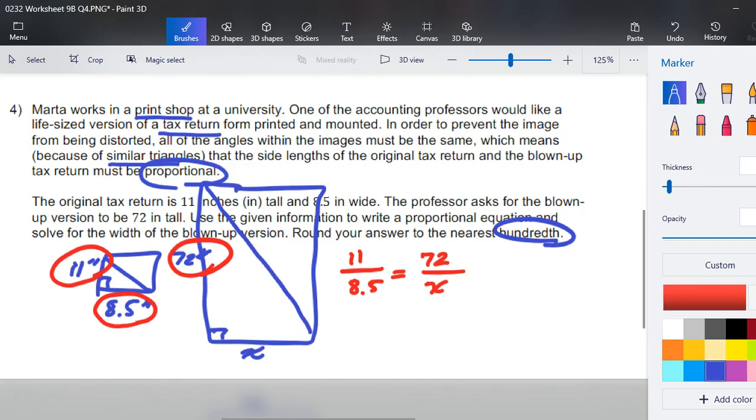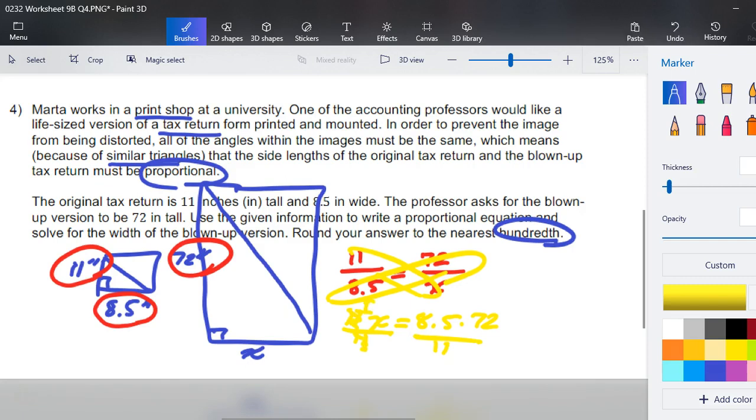Once we have this set up, we multiply 11 times x, 8.5 times 72, and then divide by 11 by 11 so that this becomes 1.